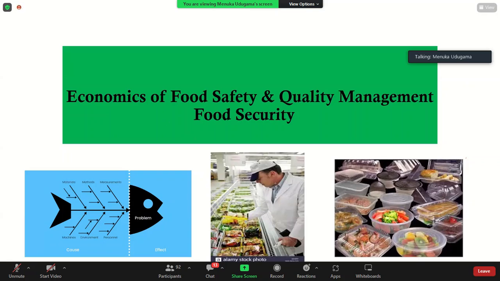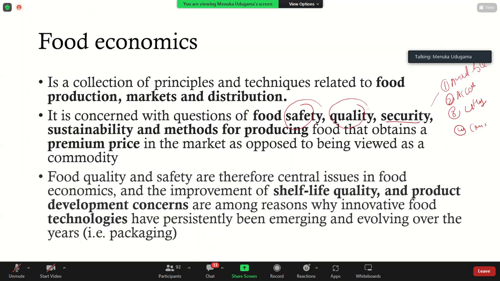Right, so now we'll talk about some applications of what we have learned. We said there are two broad areas under which there are some sub areas. So food economics is something that agriculturists specialize in, economics of the agri-food industry, right? When you talk about agricultural economics or food economics, what are we interested in?